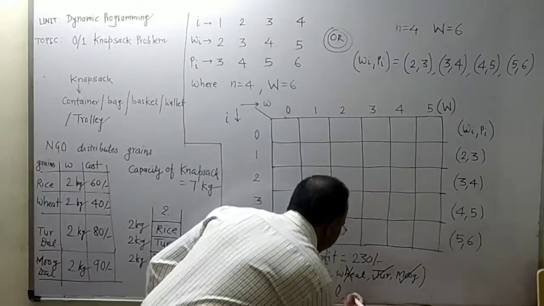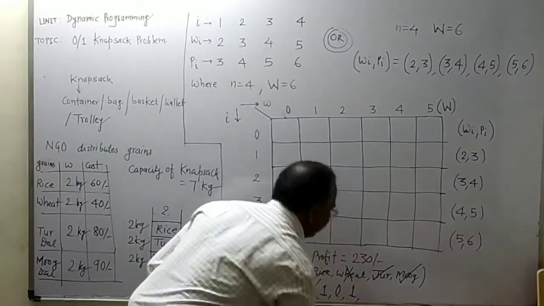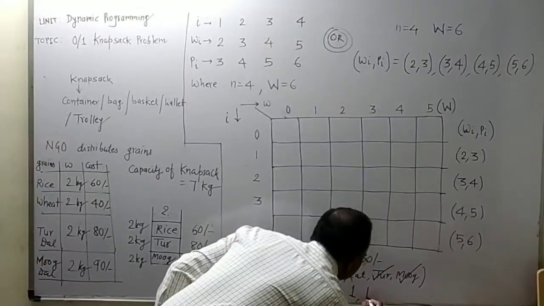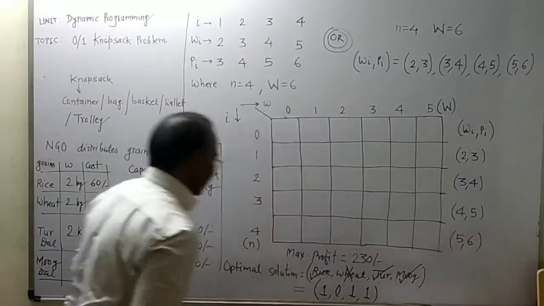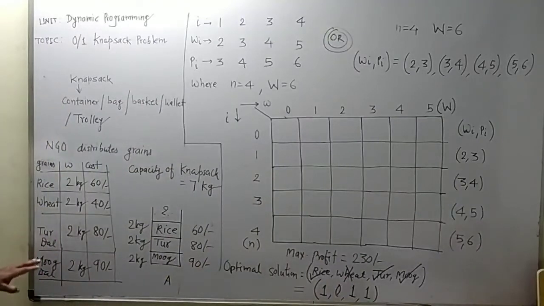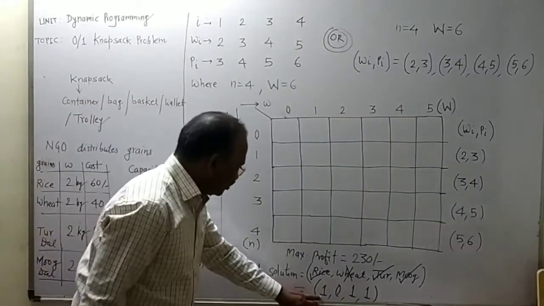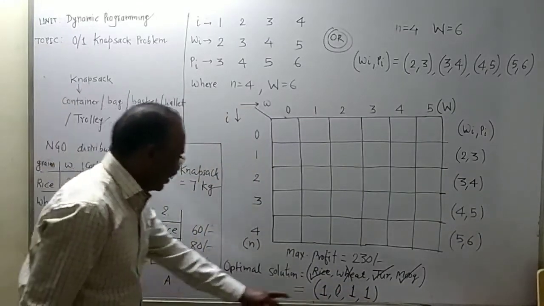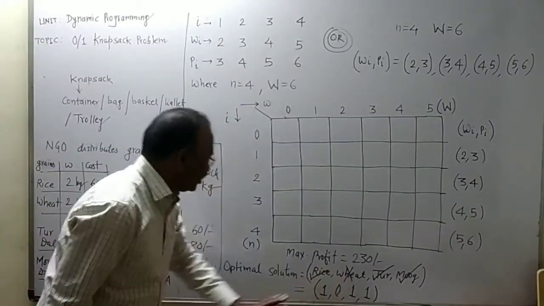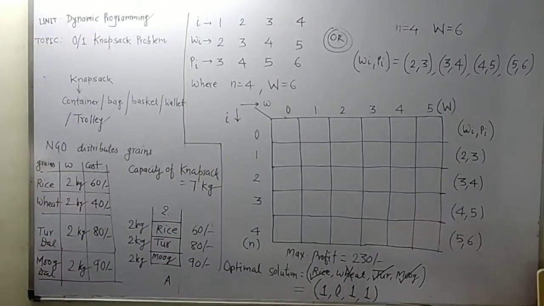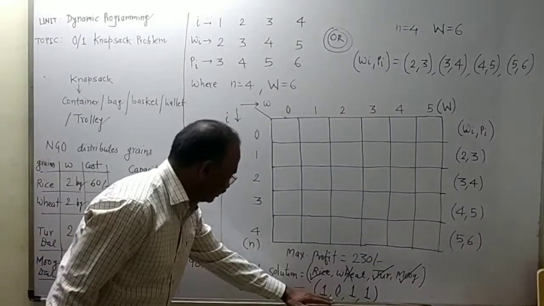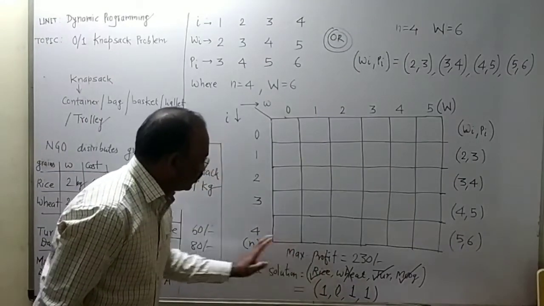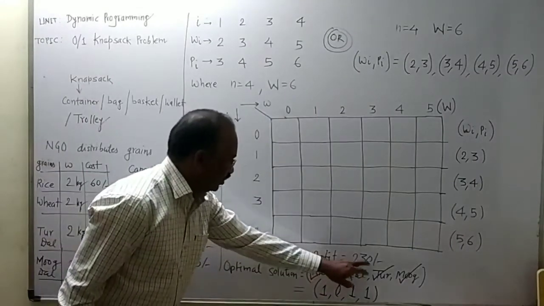Tur dal is collected, indicated by 1. Moong dal is collected, so indicated by 1. It means that out of 4 grains, the first, third and fourth grains are collected. The second grain, that is wheat, is not collected. So this is the optimal solution, and the maximum profit he or she got is 230.